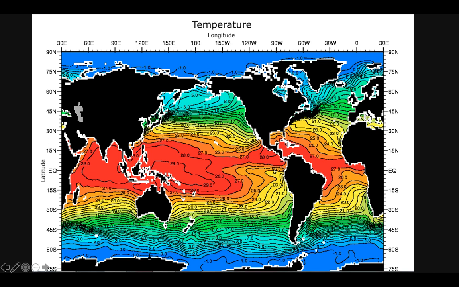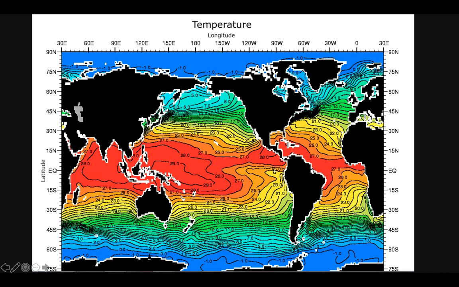These black areas are your continents. So here is Australia, India, Asia, Russia, North America, South America. And the things that look like the rainbow on the inside are the oceans.